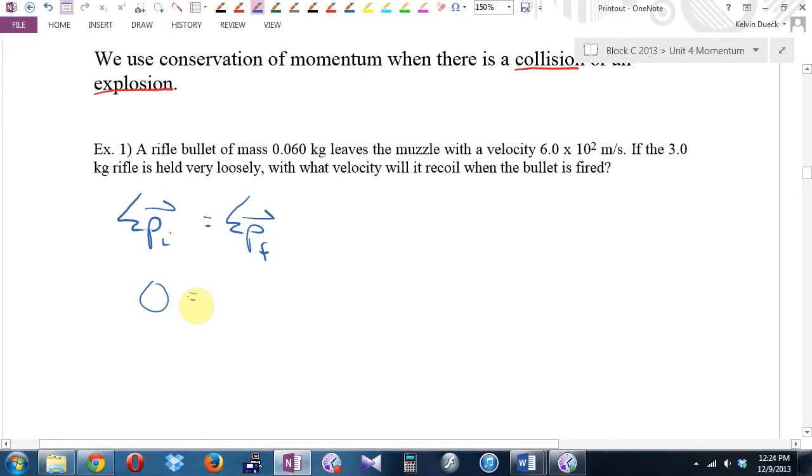After I pull the trigger, which masses are moving? It seems to me there's going to be the momentum final of the rifle and the momentum final of the bullet. Get used to it, folks. Lots of explosions in this unit.